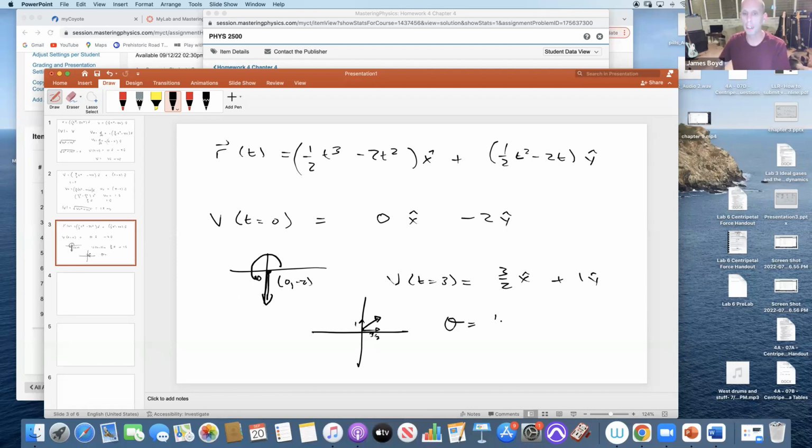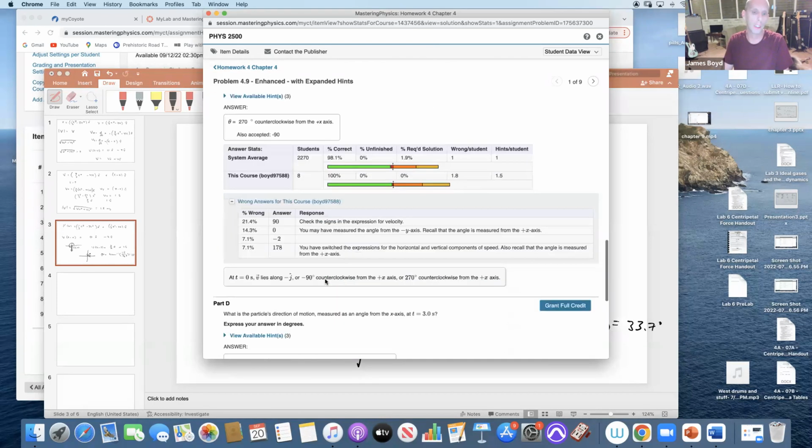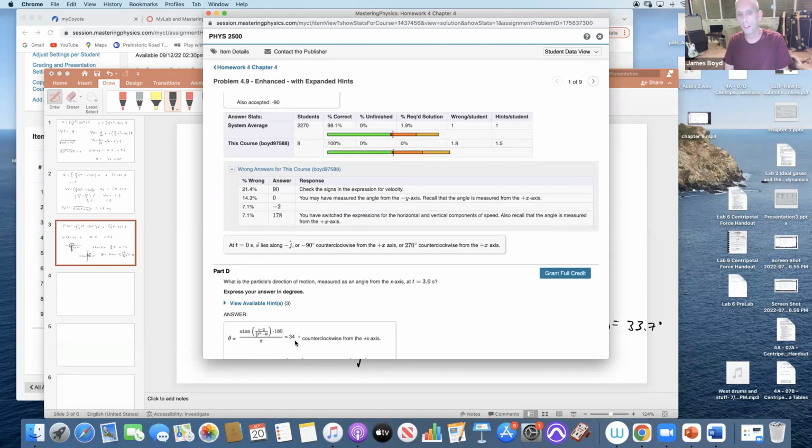However, mathematically, you would take the arctan of y over x, and the arctan of 2/3 is 33.7 degrees. They're taking only 2 sig figs, so they get 34.